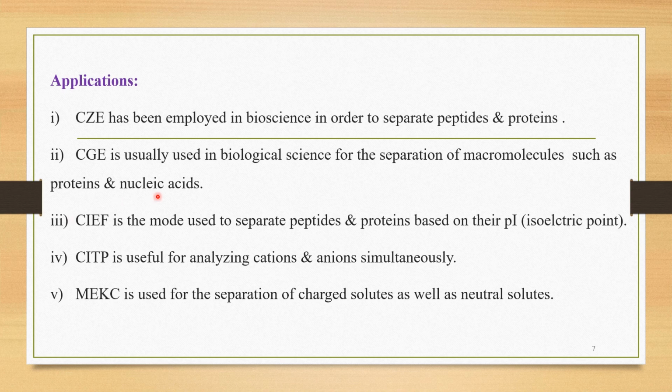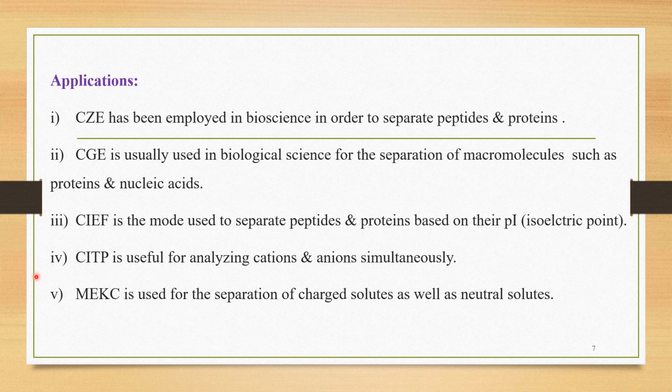The third one is the mode CIEF, used to separate peptides and proteins based on their isoelectric point. We know that for peptides and proteins, the isoelectric point is there. So on the basis of that, we may separate these peptides and proteins by using the mode CIEF.